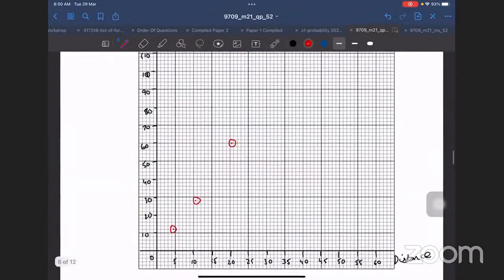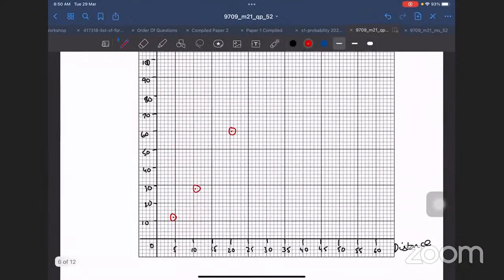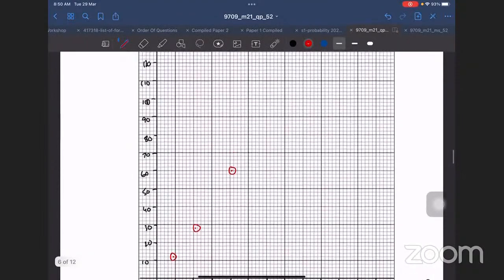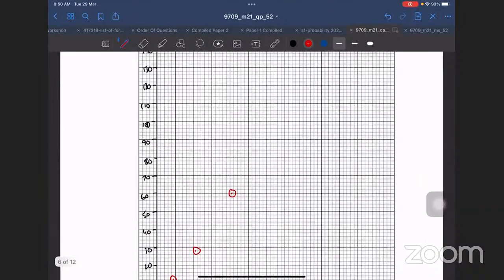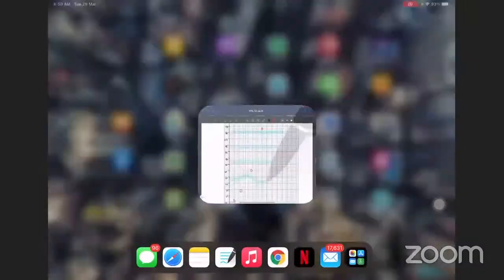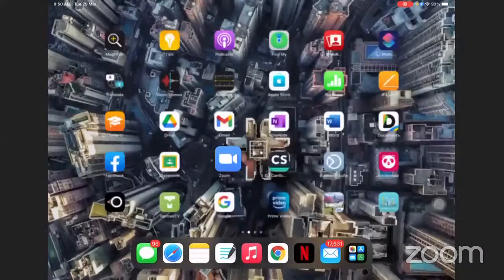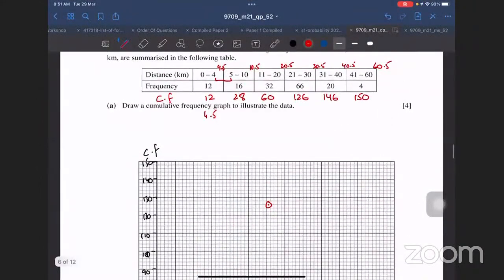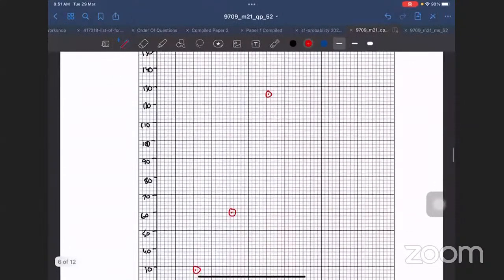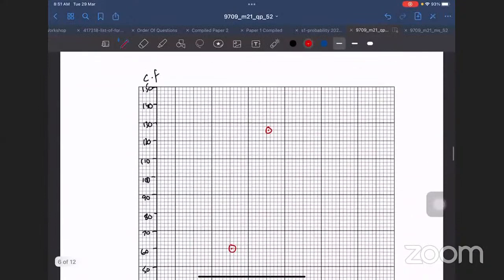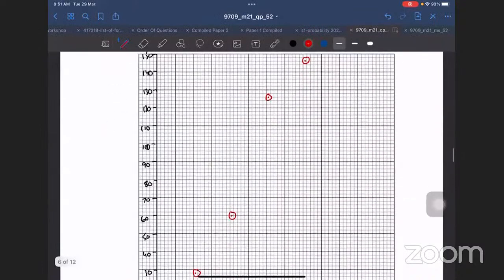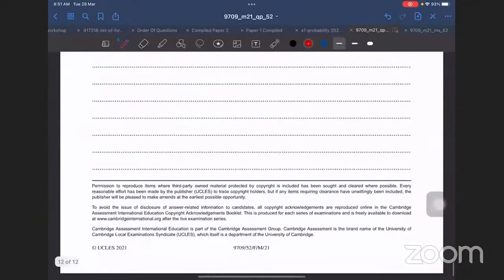Then 30.5 and 126. Okay, then I have 40.5 and 146. And then I have 60.5 and 150.